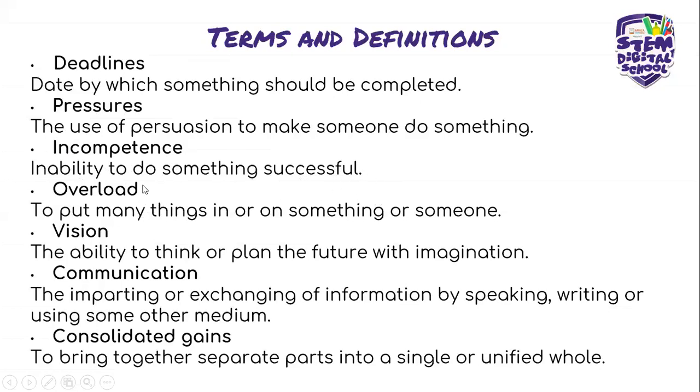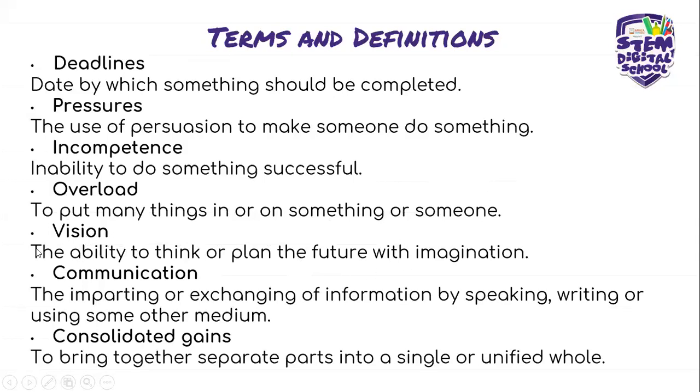Then now we need to look at the overload. Overload, we know that is to put many things in or on something or someone. If you want to overload something, basically is to do many things at once. We're saying that thing, it's an overload. Now, vision, we know vision, it's where we want to see ourselves in future.